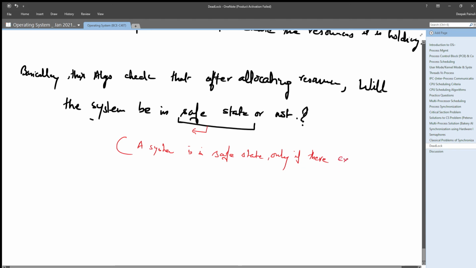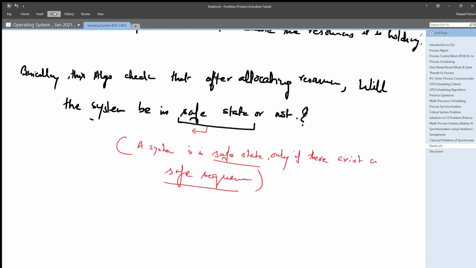There exists a safe sequence, right? If there exists a safe sequence, then only we can say that the system is in a safe state. Now, what is a safe sequence?